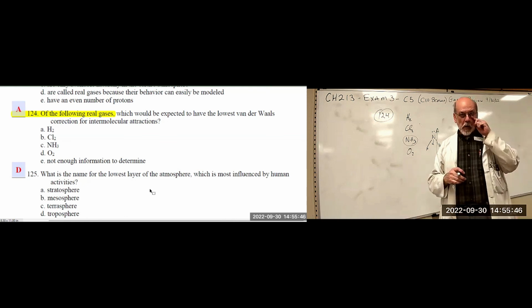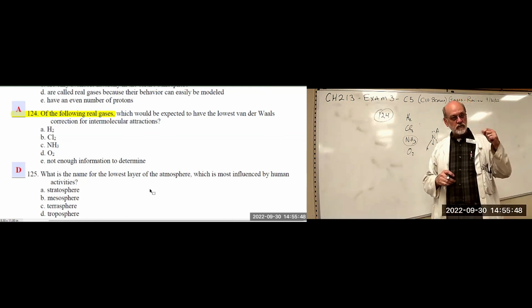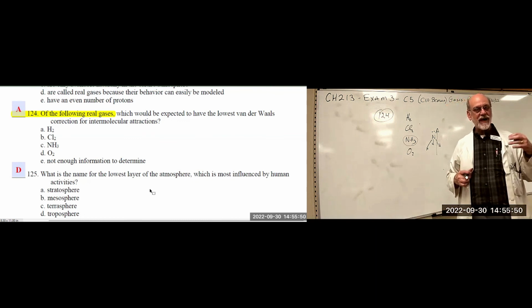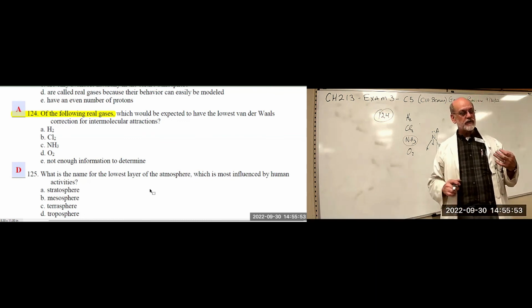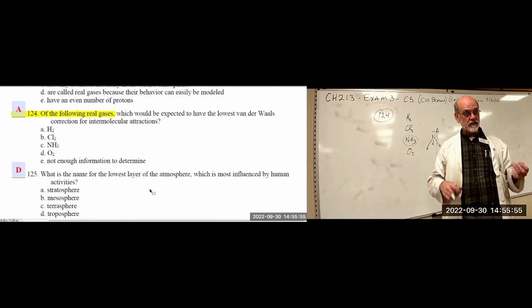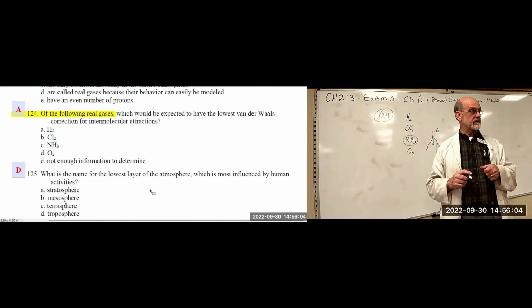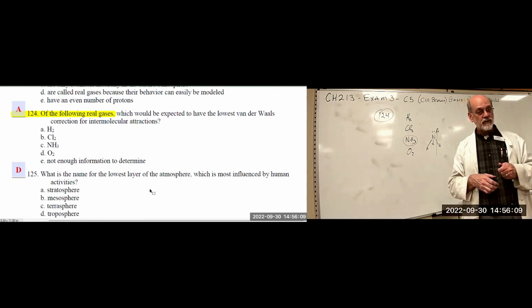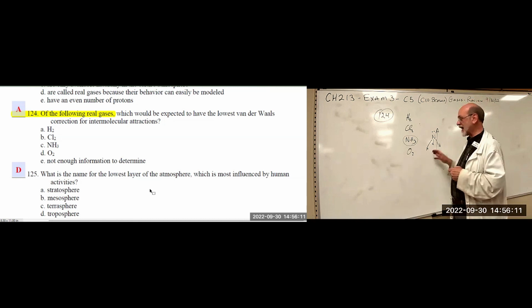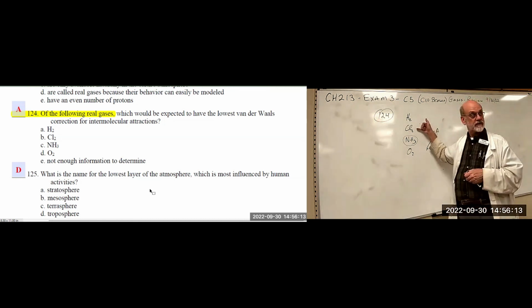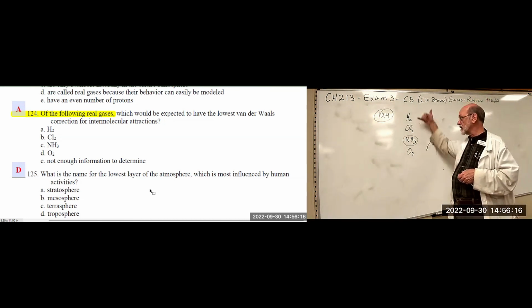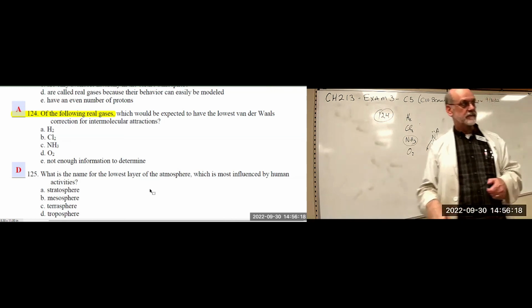So in order to minimize attraction, you need something that's going to move really fast, and if they're all at the same temperature, move really fast and have very low mass, and that's hydrogen. The one that would be next most attracted to one another would be this one. That's the next biggest one. And then oxygen, and hydrogen would be the least.